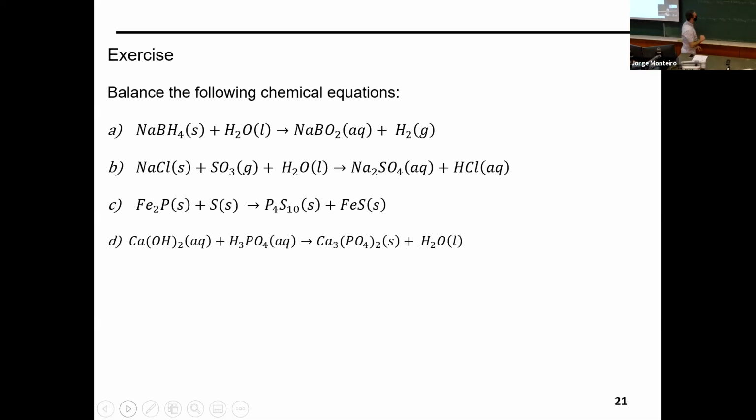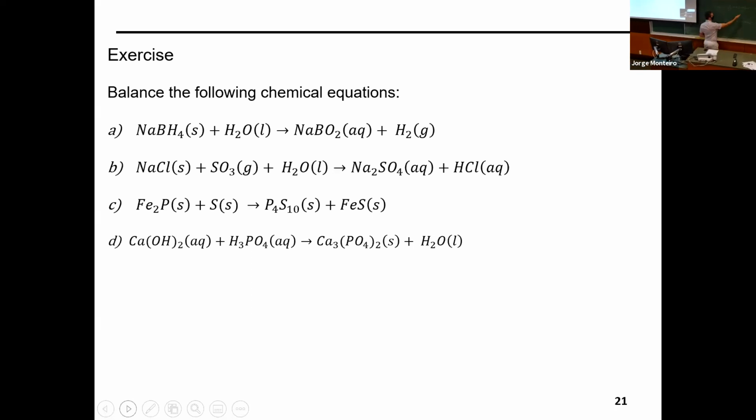Okay, so now let's take a look at oxygen. So only here and here. Before the reaction, there is just one atom of oxygen, and after, 1 times 2, 2 atoms of oxygen.